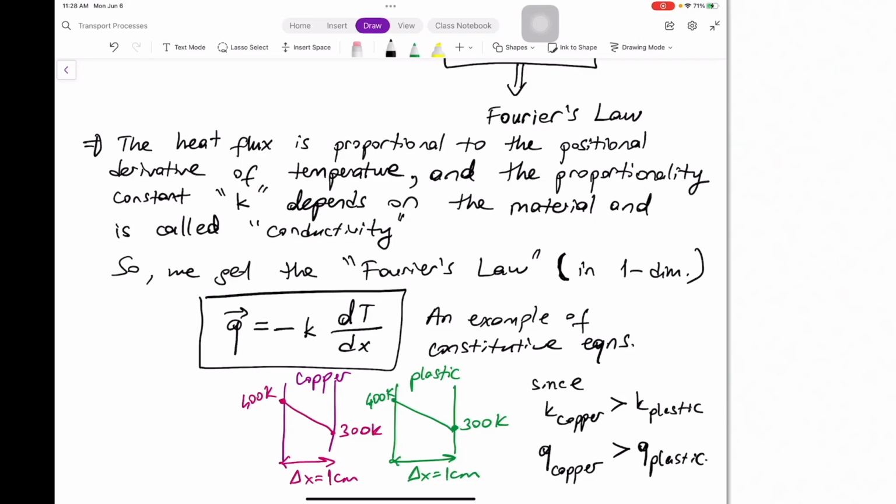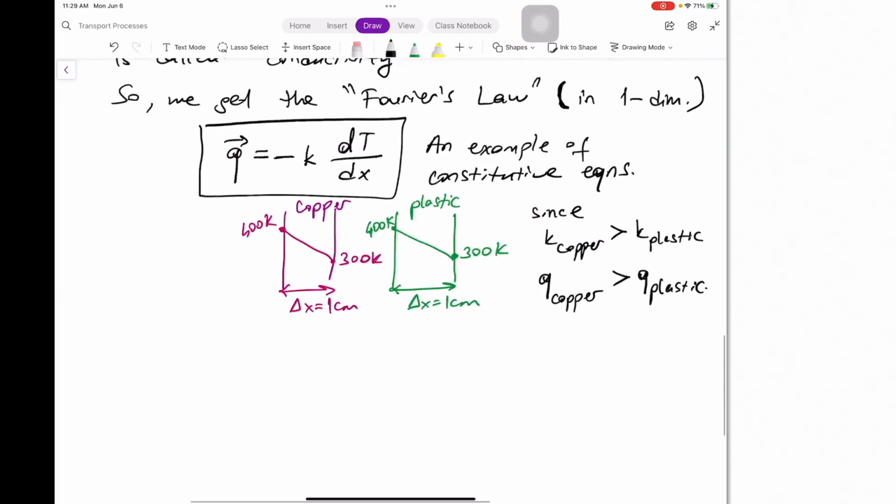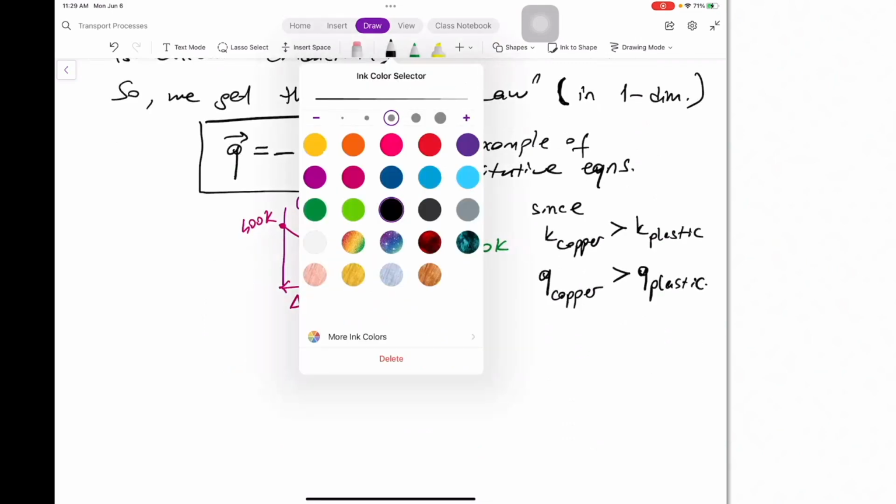Now, one thing about the minus sign, the reason for the minus sign is the following. Tell me what is going to be the direction of the dT over dx.